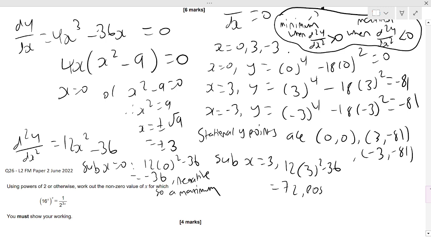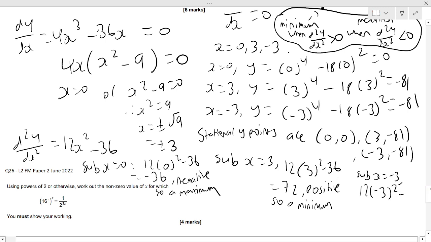So it's positive, so it's a minimum. And then I'm going to substitute the last point in. x is minus 3. So that'll be 12 of minus 3 squared minus 36. Because we're squaring a negative, it's the same as the positive. So this will also be 72. So it's a positive again, so a minimum.